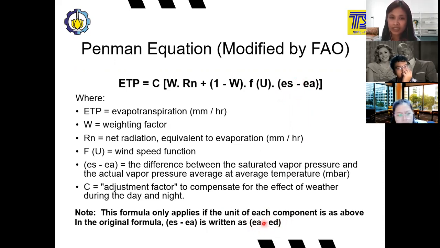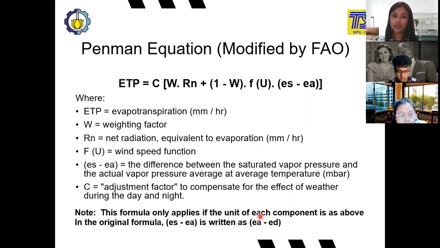I don't know why it's EA minus EB, but the EA in the PDF equals ES in this presentation. I changed it into ES minus EA so that it's more related to the original meaning, because ES is the saturated vapor pressure and EA is the actual vapor pressure.